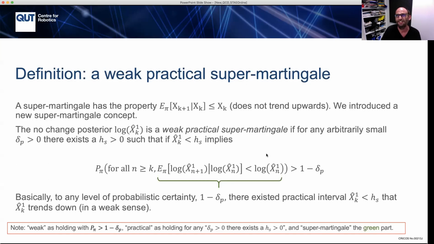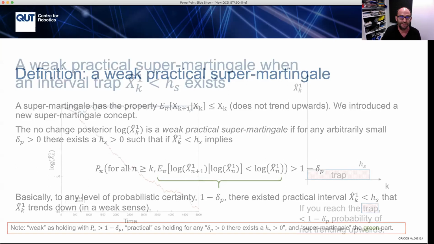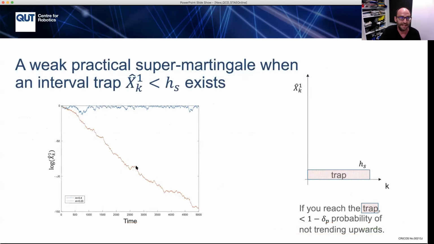The general idea is it's a probabilistic sort of object, so there's a chance that you'll enter that interval trap and then the bad phenomena will happen. So that's the definition. What we're saying is that in the red case, this trap exists, and this phenomena happens. In the blue case, no such trap exists, and so it's going to behave as you might normally expect.